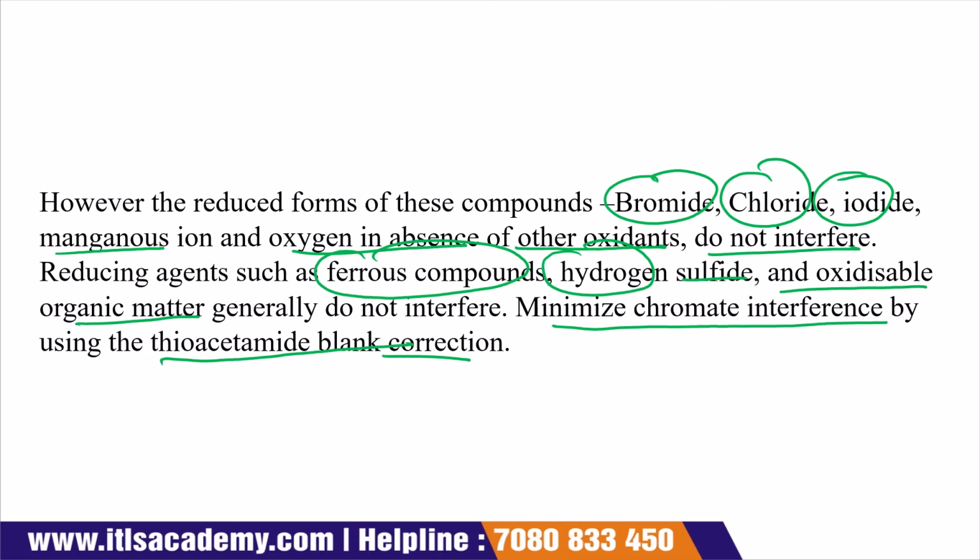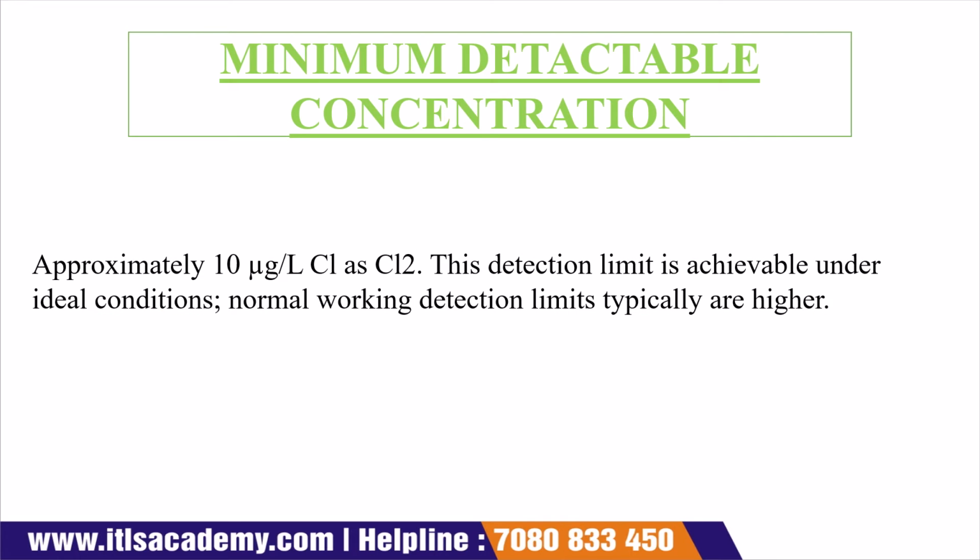Okay. Now the next is the minimum detectable concentration of chlorine. So what is the minimum detectable concentration of chlorine? 10 micrograms per liter as chlorine, Cl2. This detection limit is achievable under ideal conditions.